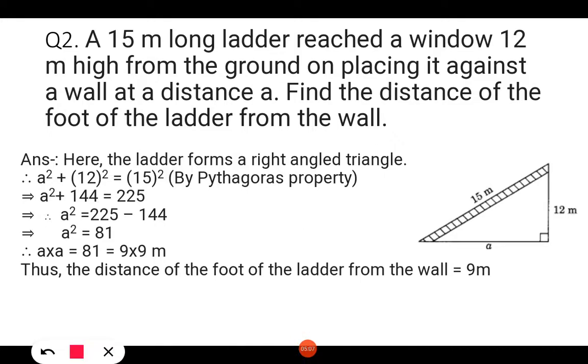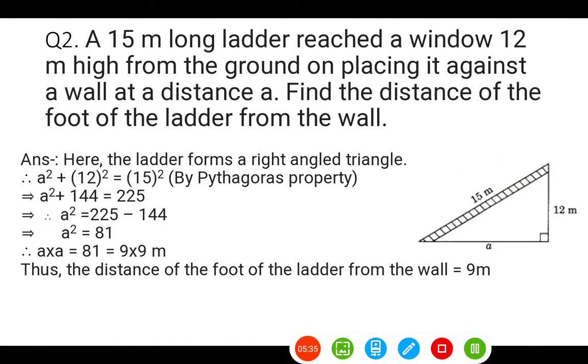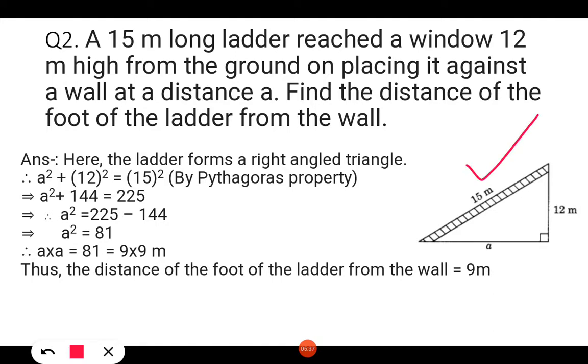In this problem we have a ladder 15-meter long reaching a window 12-meter high from the ground. On placing it against a wall at a distance a, find the distance of the foot of the ladder from the wall. So we have to find this distance. Here the ladder is making a right angle triangle.